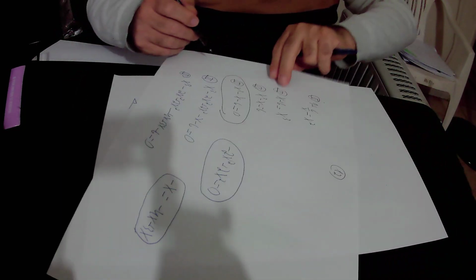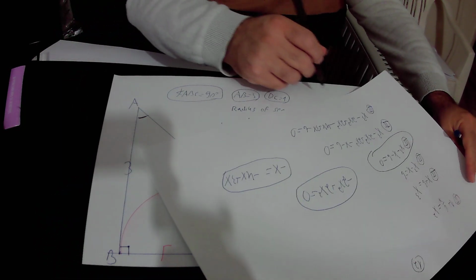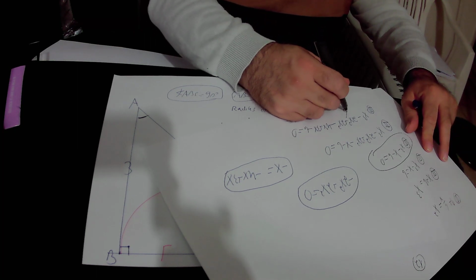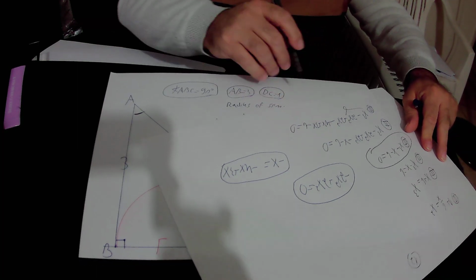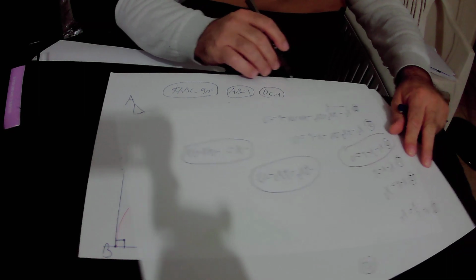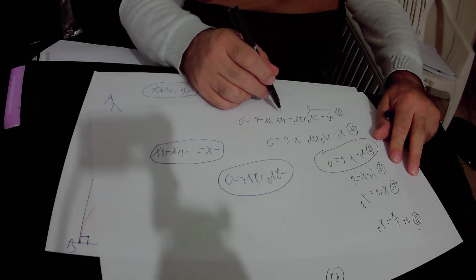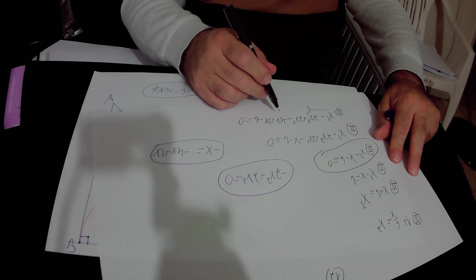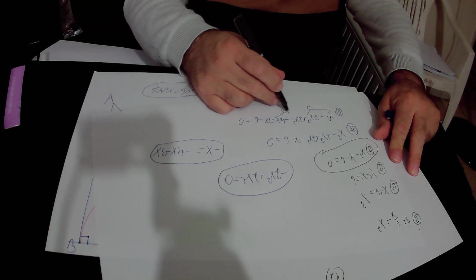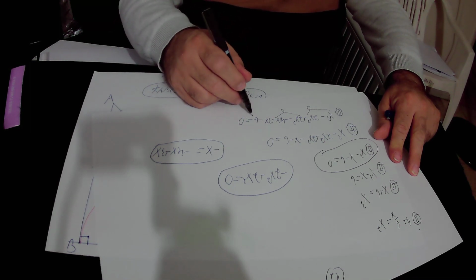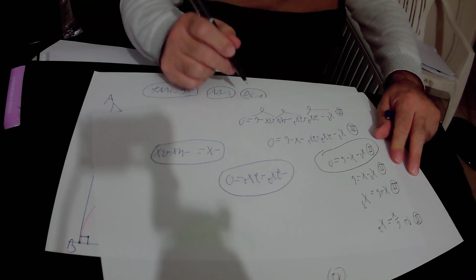The first part will be x cubed minus 2x squared. The second part will be 2x squared minus 4x, and the third part will be 3x minus 6.